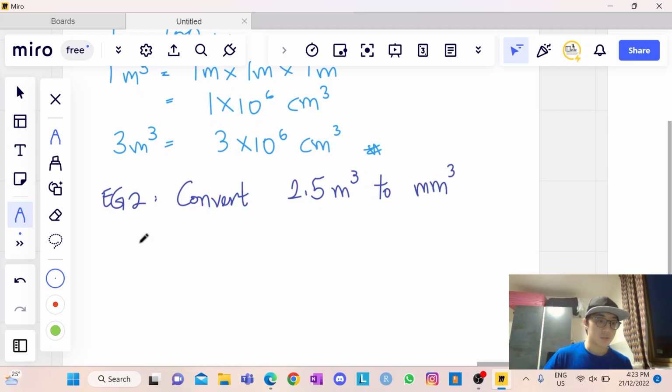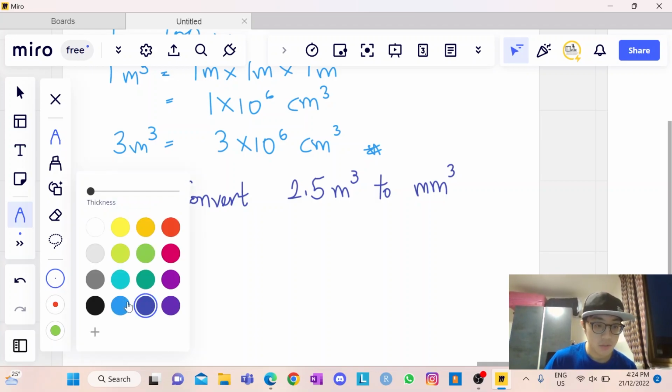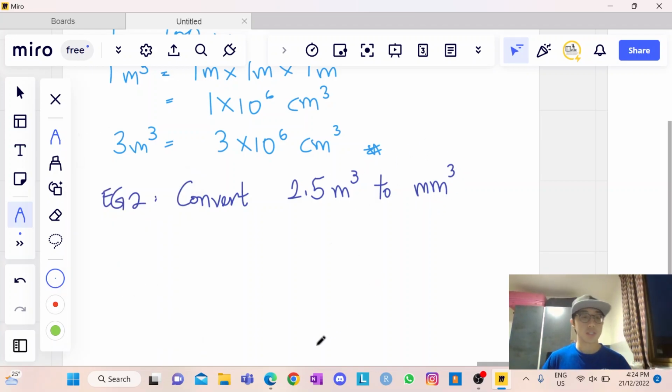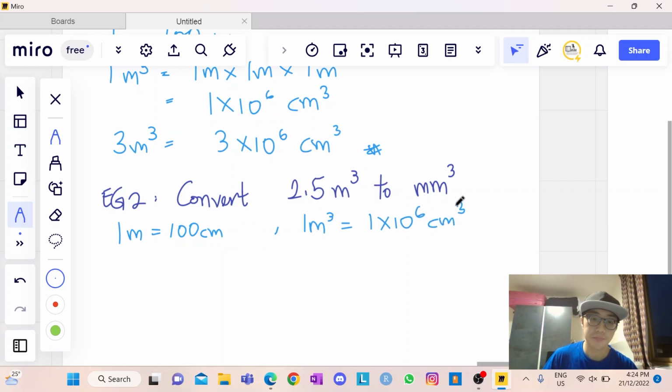All right, so this is a little bit different because we have not tried any millimeters in the previous examples. So 1 meter is equal to 100 cm, we know, and from the previous we got 1 meter cube is equal to 1 times 10 to the power of 6 cm cube.